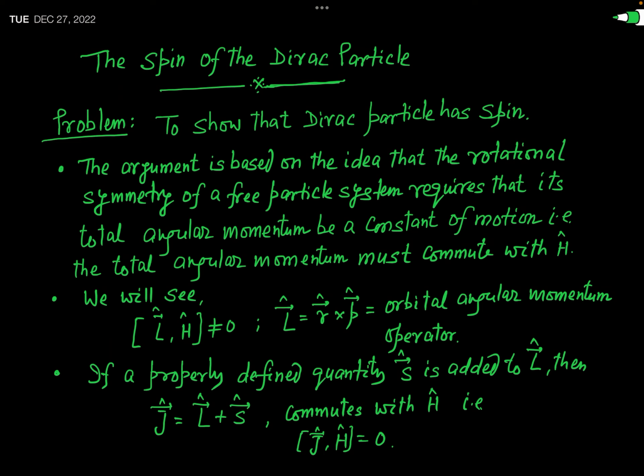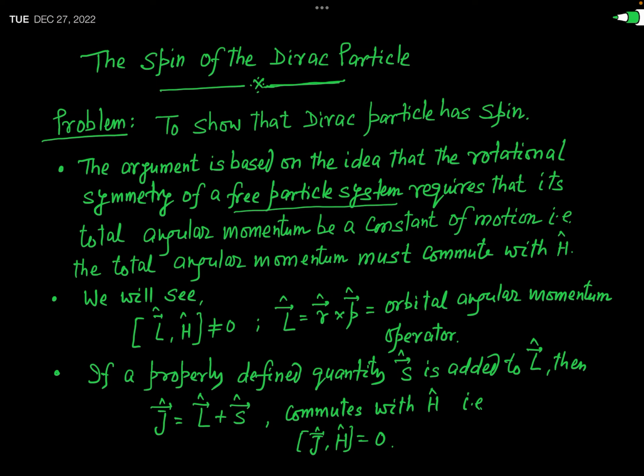So how can we say that the Dirac particle has a spin? Actually, this argument is based on the idea that the rotational symmetry of a free particle system requires that its total angular momentum must be a constant of motion.